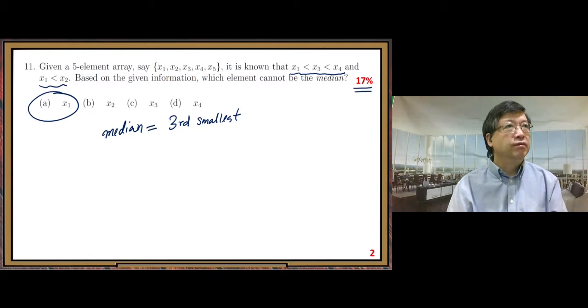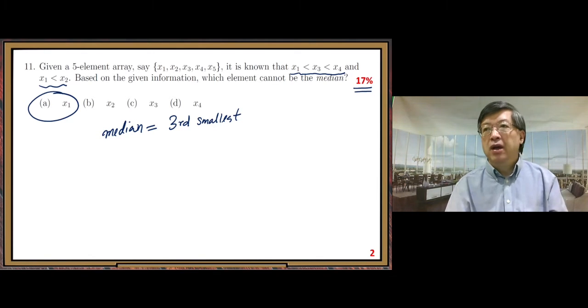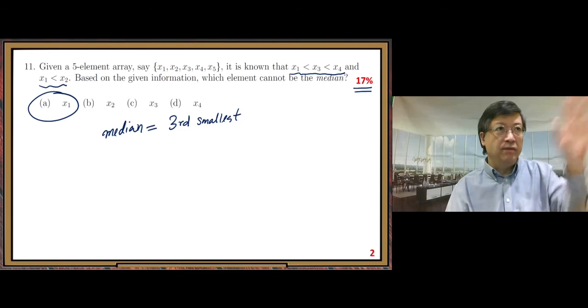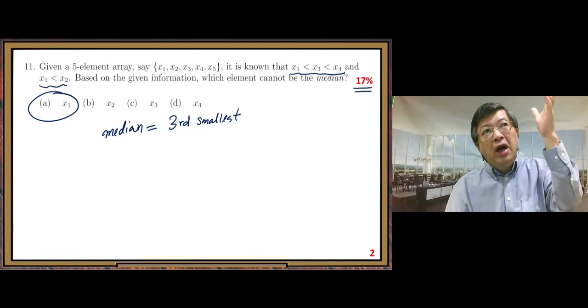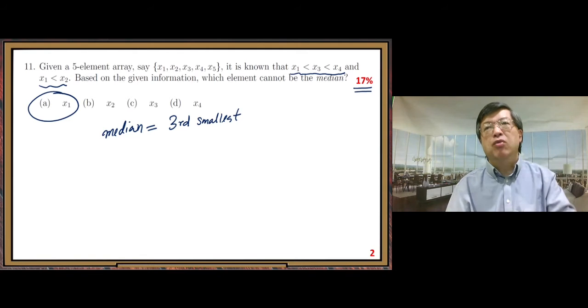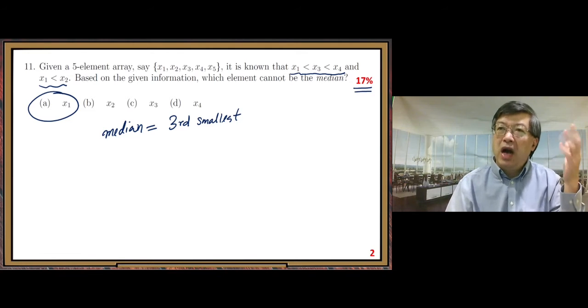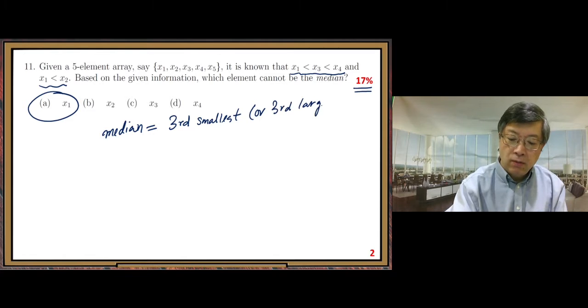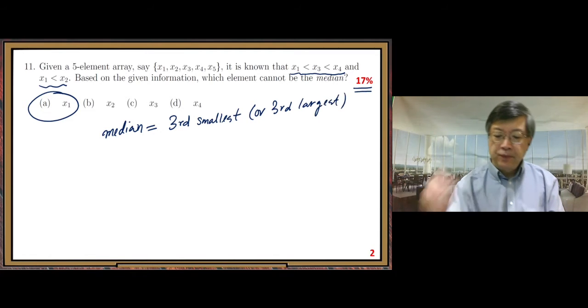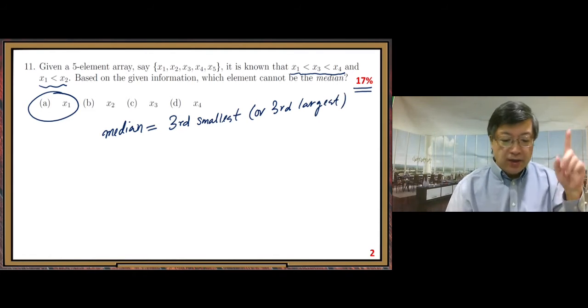If you can identify that element, then you get the answer. Here we want to show x1 cannot be the third smallest or third largest. The same thing. So let's see.